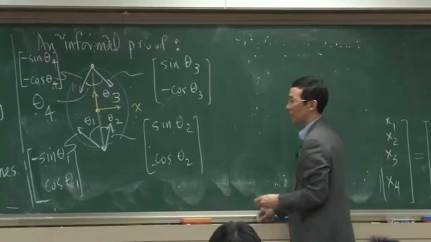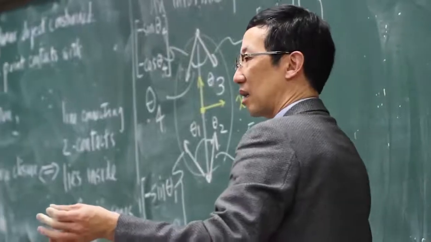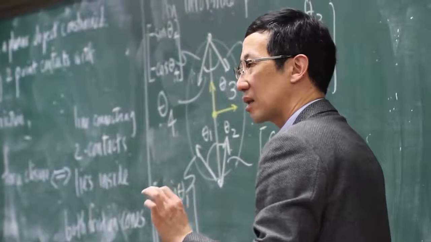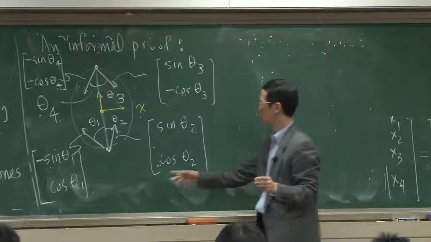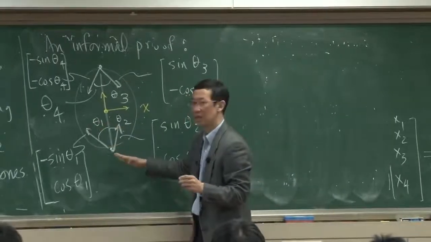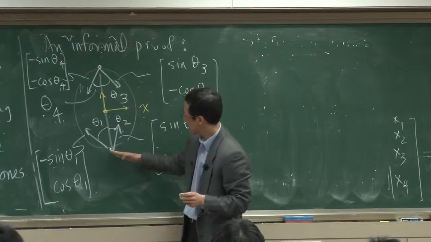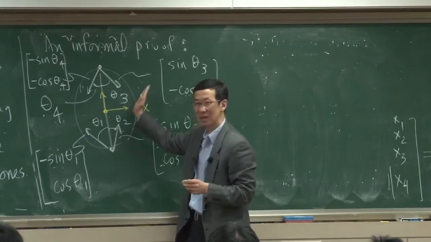Now if we write the static equilibrium equations, like we did before, the force is going to be x1 times this direction plus x2 times this direction.